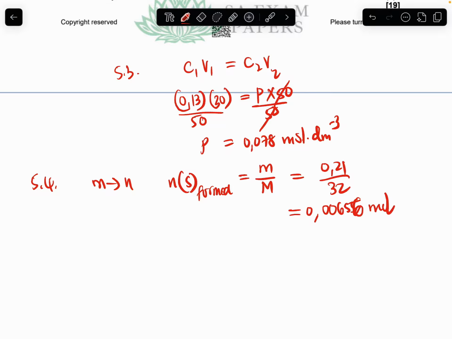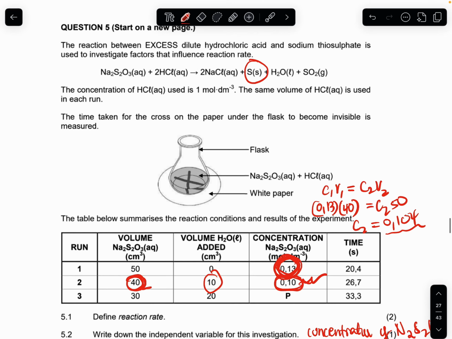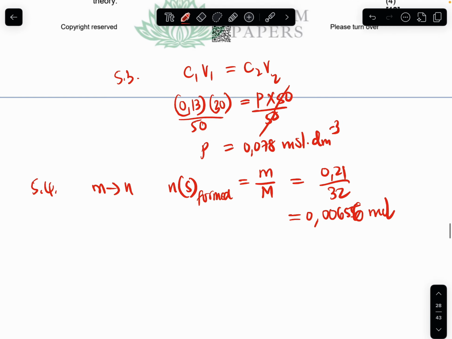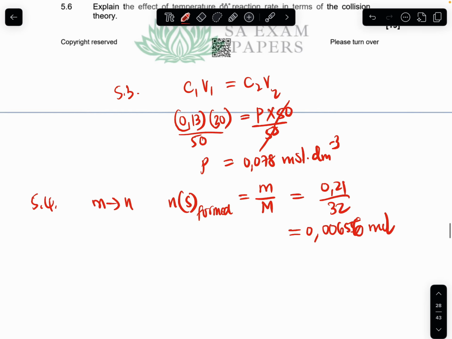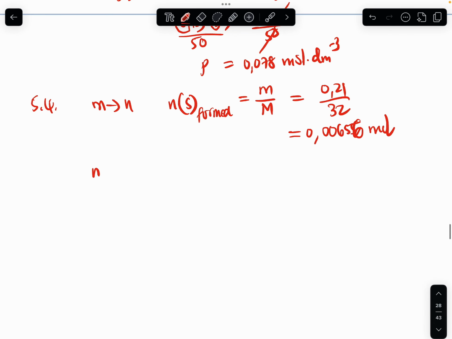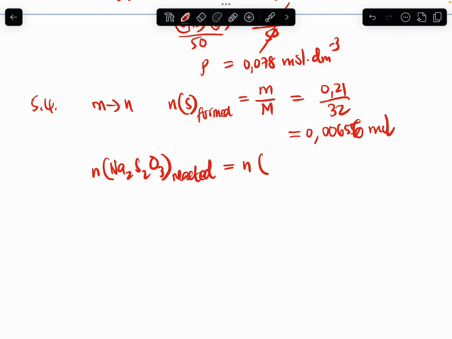So I'm gonna do the mole ratio now. The mole ratio of what is formed and what reacted, or what is used. So the ratio between them is 1:1. So I'm looking for the number of moles of sodium thiosulfate reacted or used, which is equal to the number of moles of sulfur formed.